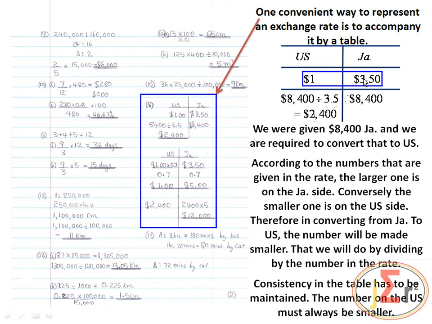And as we shall see later, in converting from the US side, which is the side on which we have the smaller number, if we convert to the Jamaican side, we will get a larger value. Therefore, we will multiply by 3.5, unless the rate changes, as we will see for this part of the problem, that the rate actually changes.